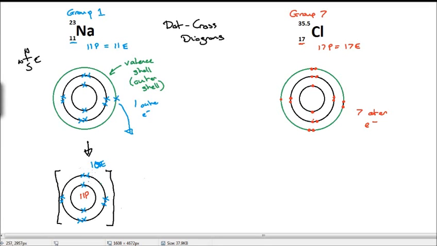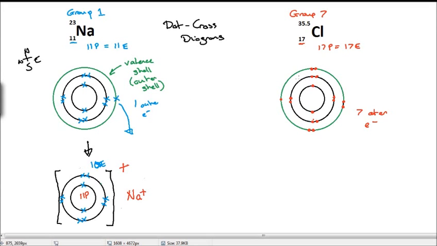That means we've upset our balance, like a weighing scale. We've got 11 protons and 10 electrons, more protons than electrons, and so this gets a charge of +1. So sodium, when it becomes an ion, is a positively charged ion. We would write that as Na+. That is an ion of sodium.